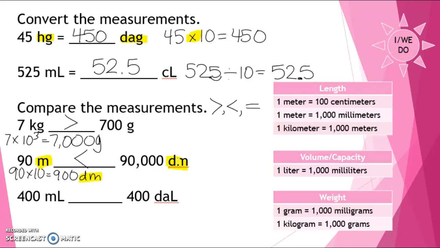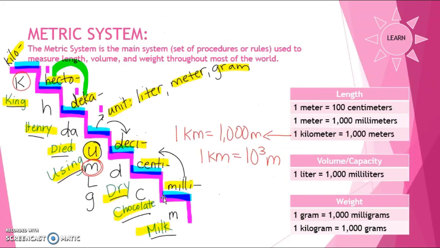Now let's look at milliliters and decaliters. Milliliters are less than decaliters, so we're going to convert the decaliters to milliliters. How many steps do we have to go down? 1, 2, 3, 4.